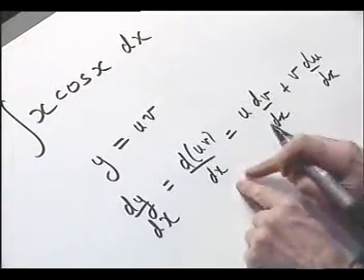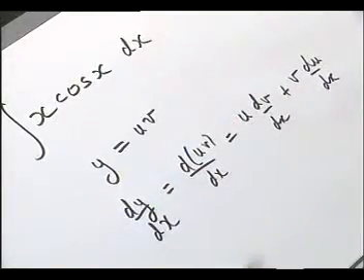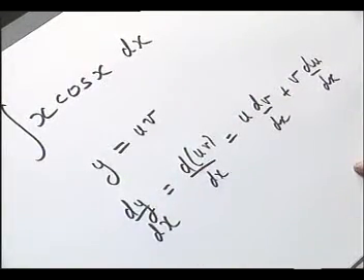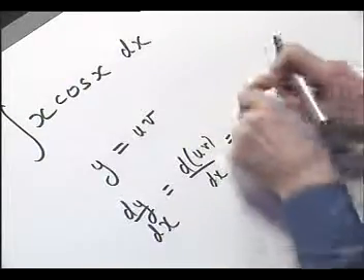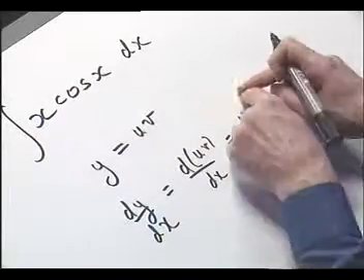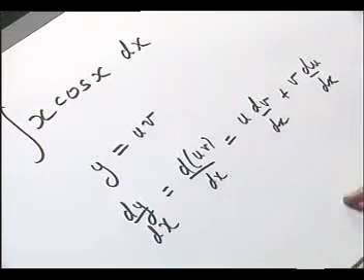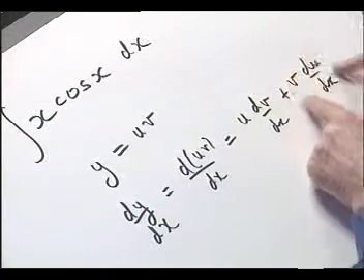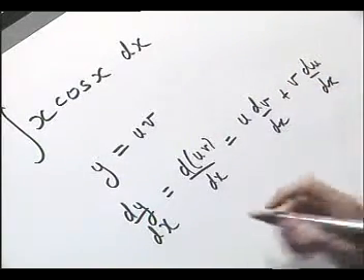Now I'm going to take this bit and rearrange it. I'm going to focus on this as the subject of my formula, the major interest, so to speak. So I'm going to take this bit away from both sides.